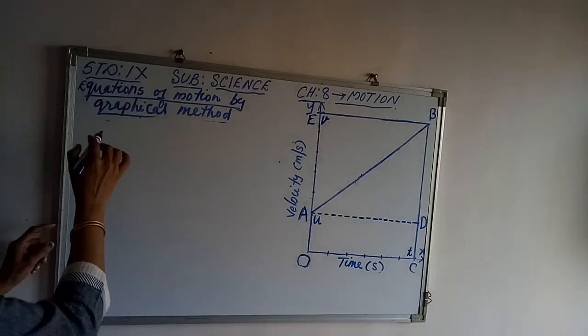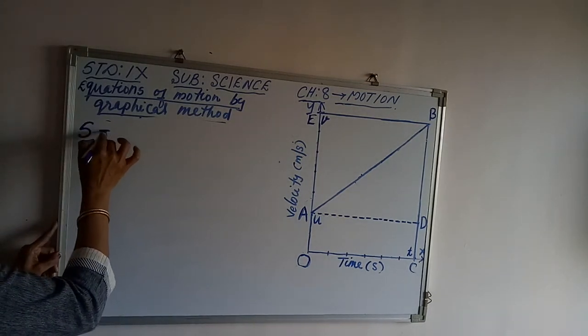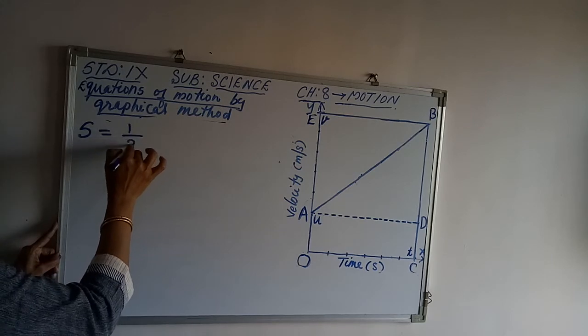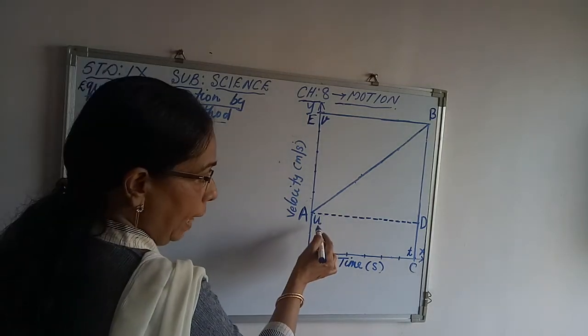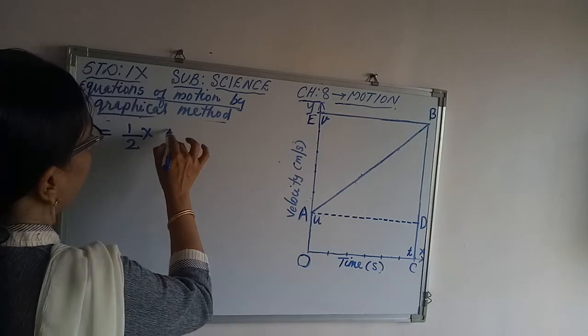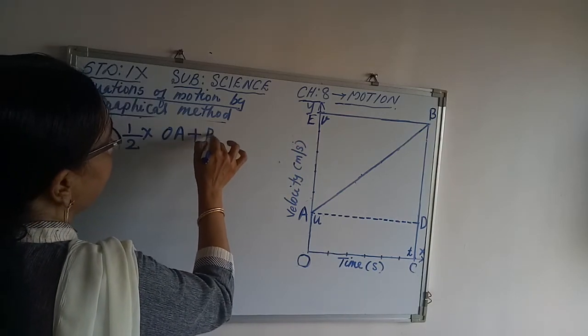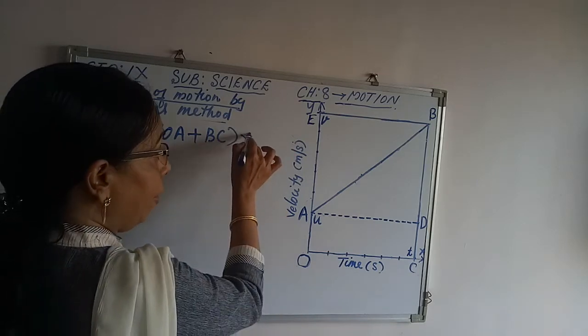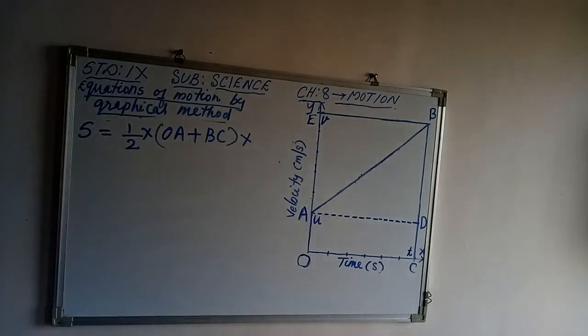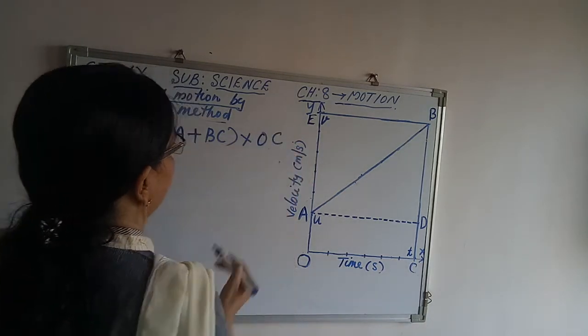Now, what is the distance travelled? S. S is equal to half into the sum of the parallel sides. Which are the parallel sides here? OA and BC. So OA plus BC, multiplied by the perpendicular distance, that is OC.